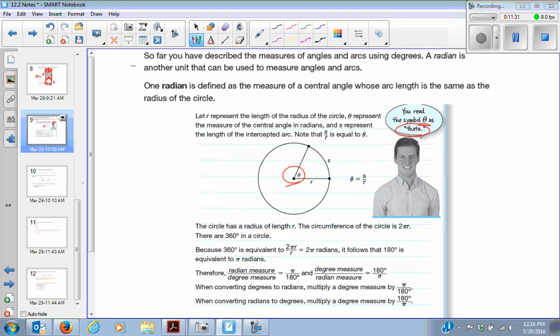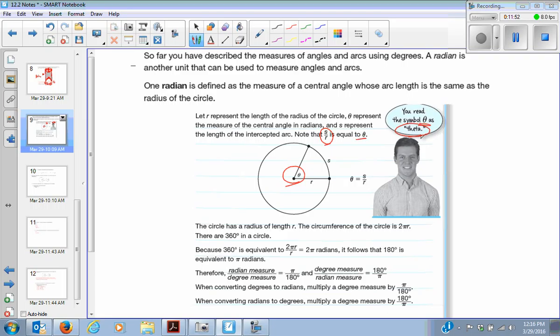Not in degrees. So we can actually take radians and turn them into degrees, and we can take degrees and turn them into radians. It's similar to something being taken into feet, taken into inches, and inches into feet. So note that S divided by R is equal to theta.